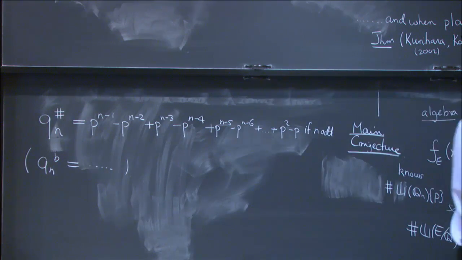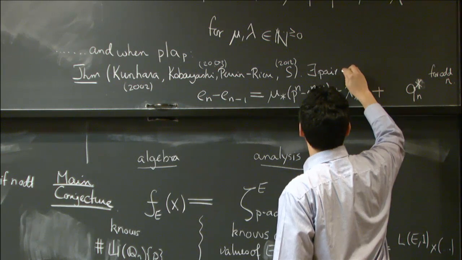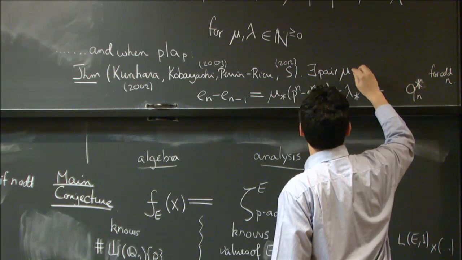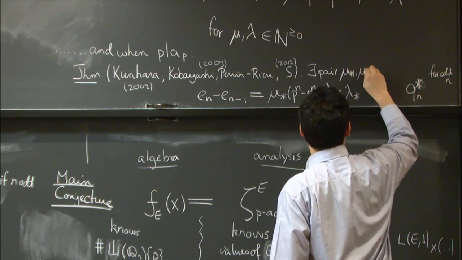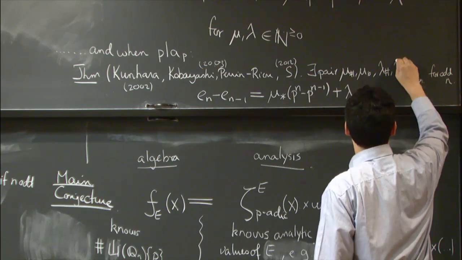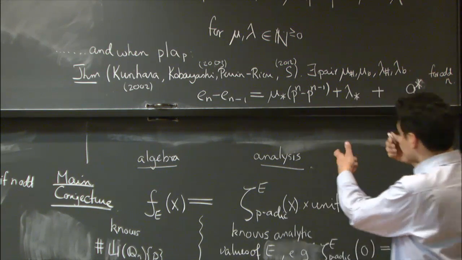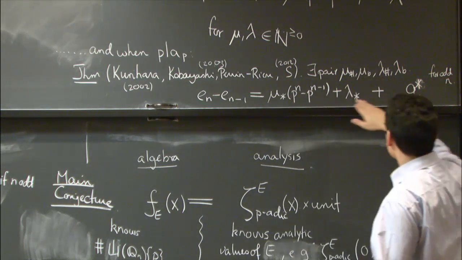And what this theorem says is that there's a pair of constants, mu sharp, mu flat, and another pair, lambda sharp, lambda flat, which are again independent of n, so that e_n minus 1 is exactly equal to this formula.